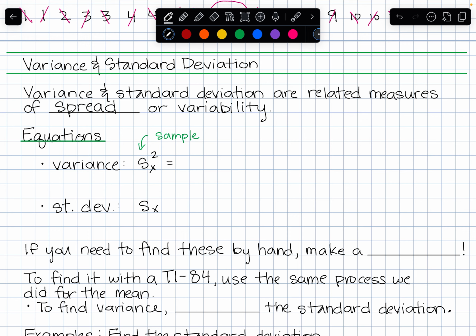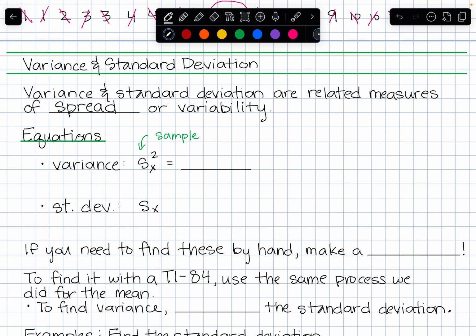For the variance, what we're looking at is the average distance from the mean for each data point. And you'll notice variance is squared, so it's technically the square of that distance from the mean.